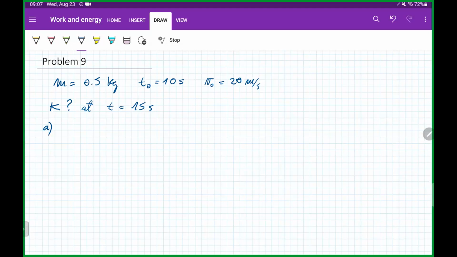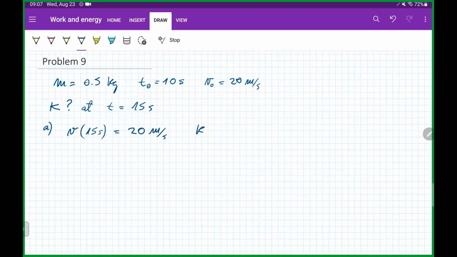Anyways, for the speed, we know it's a straight line. So speed at 15 seconds equals 20 because it's constant, 20 meters per second.